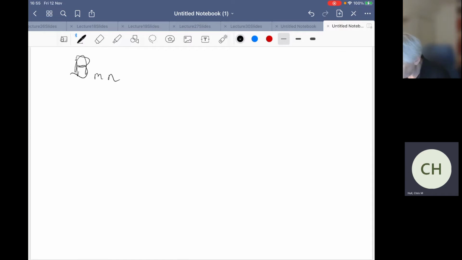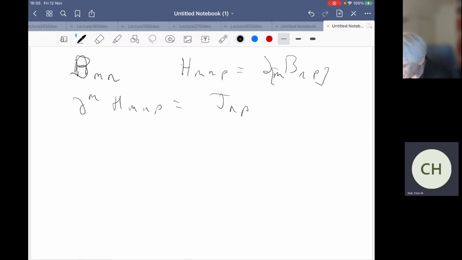Then its field strength will be H_MNP, which is grad B_NP. And the free field equations would be grad^M H_MNP equals naught, or more generally, you could introduce an electric current J_NP.